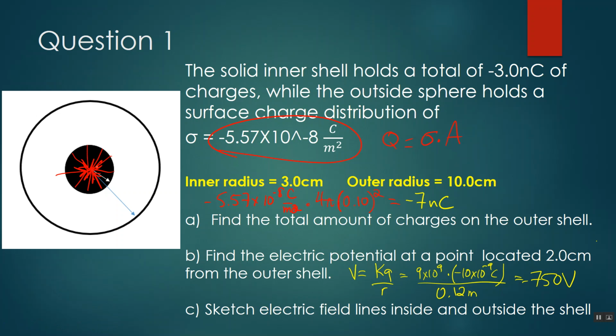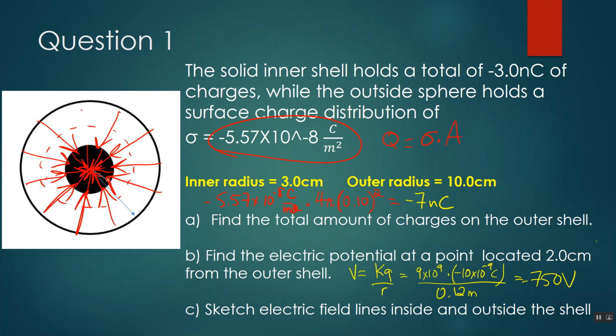What about on the outside of that inner sphere? If I took a Gaussian surface here, what are the charges inside? Negative or positive? Negative. So the electric field lines should go towards the middle. Very good.